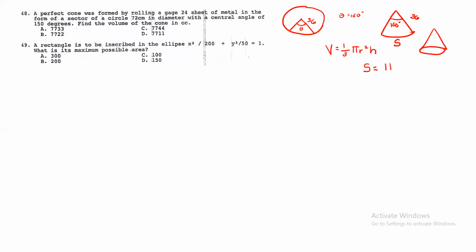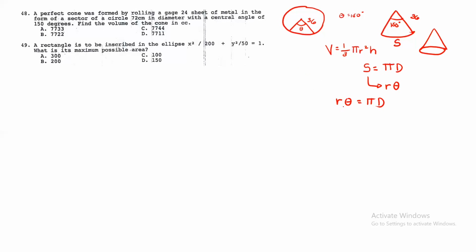So pi times diameter. S is equals to pi d, where S pwede nating makuha using R times theta. So R theta is equals to pi d.